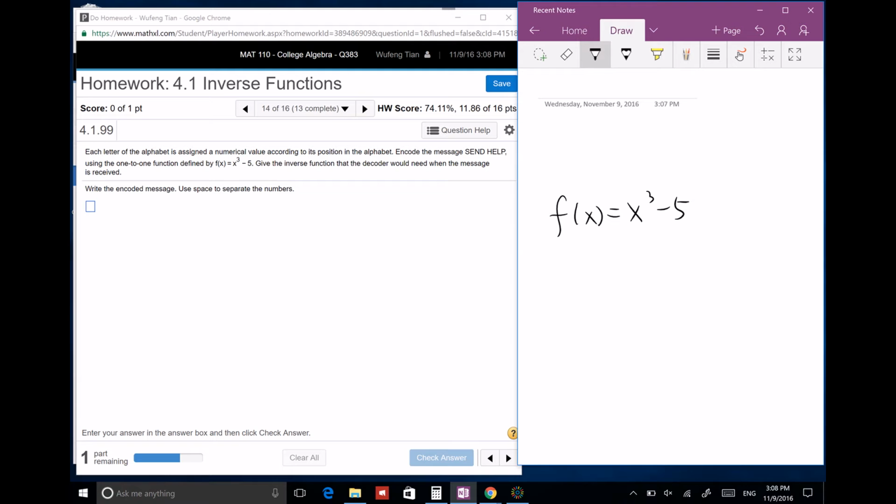Basically, you need to use the position of each letter in the alphabet and apply it into the f function.